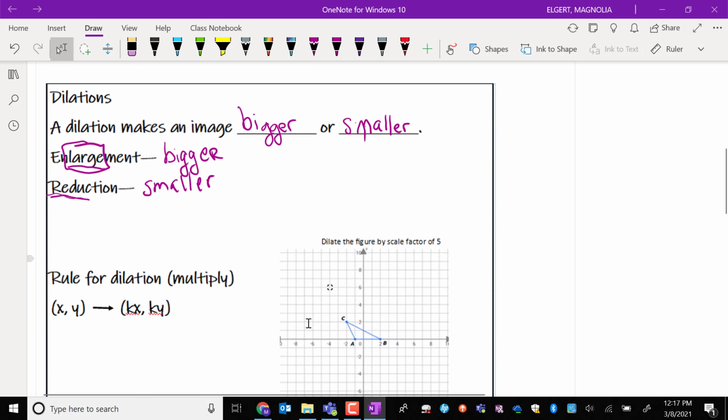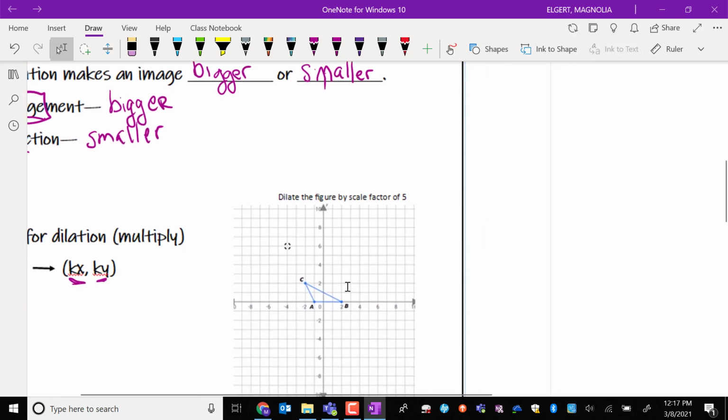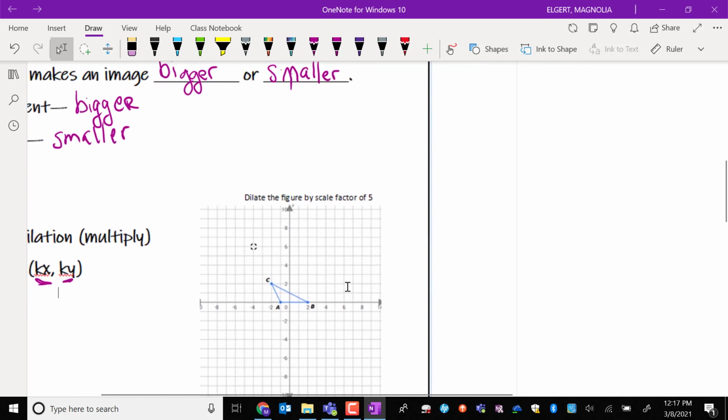And this is what it's going to look like. When we do a dilation, we are going to multiply both the x and the y. So, for example, over here on your paper, it says dilate the figure by a scale factor of 5. That means we're going to make it 5 times bigger.